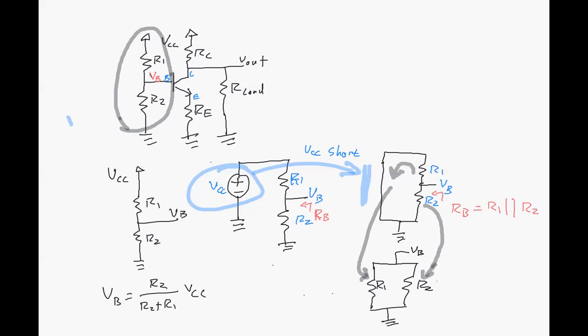So with that, we've got a circuit I could draw. I need to put it on a different page here, so I could redraw the circuit then. This circuit had VCC and R1 and R2 and a value here, VB.